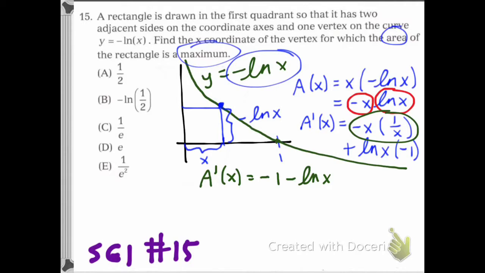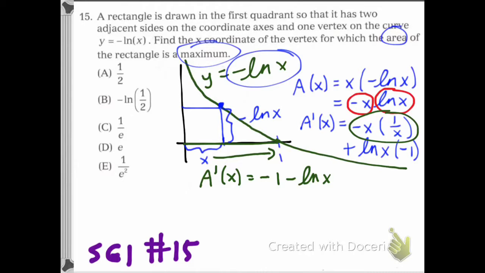If we look at the domain of what x could actually be, if we move x all the way out to 1, then we'd have a rectangle that had length of 1, but it would have a height of 0. So if we send x all the way out to 1, we know that's going to give us a minimum area.